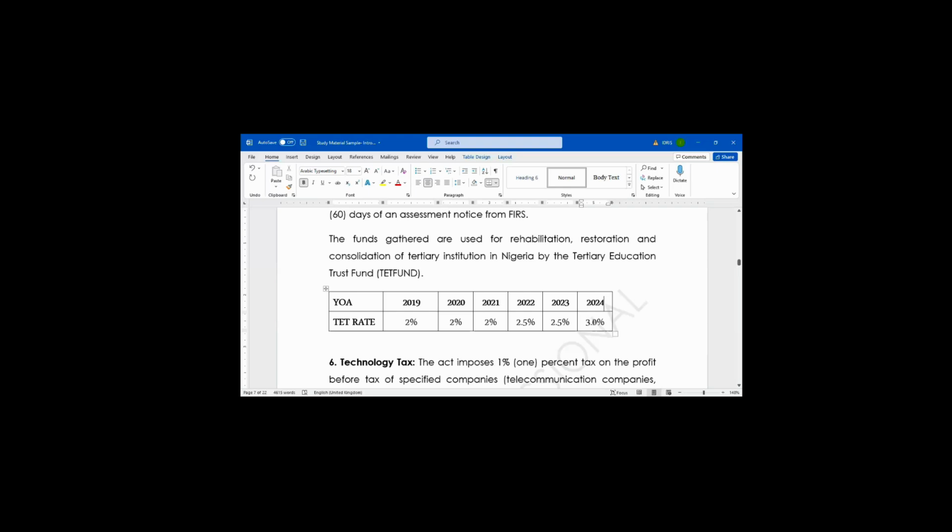In an exam, some questions will ask you to use 2%, some 2.5%, and some 3%. It depends on the year given to you in the exam. Do you understand my point? Yes, sir. Okay.